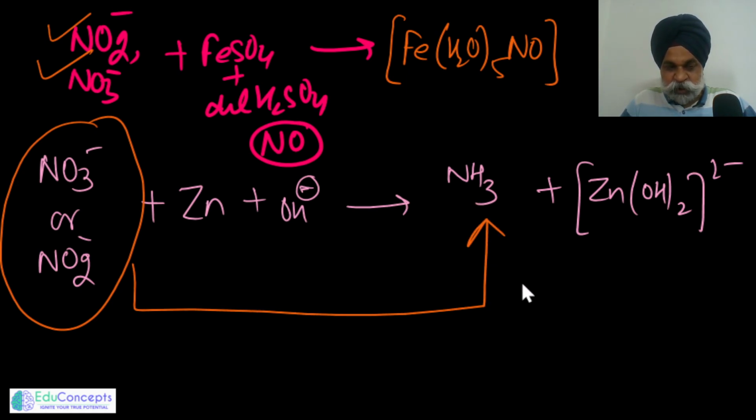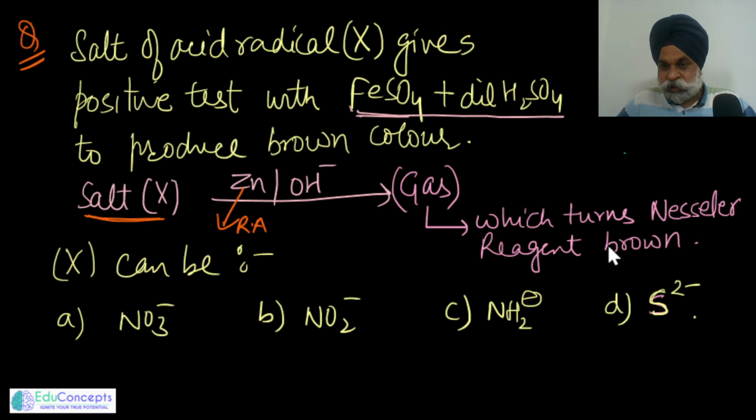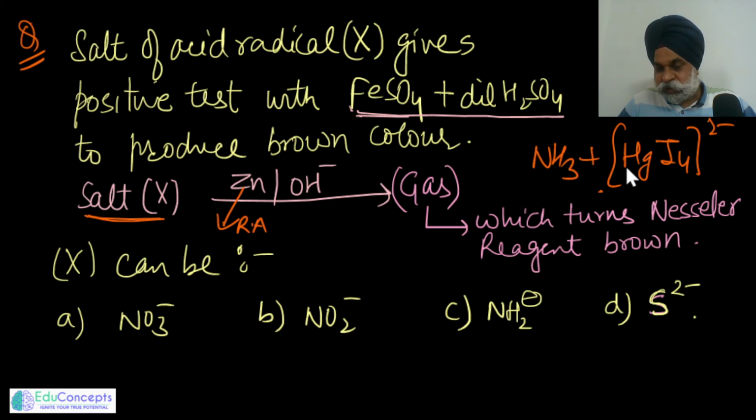That is very, very important. So the information they gave here is about the Nessler reagent. Nessler reagent is HgI4 2 negative. Ammonia can be detected with the help of Nessler reagent. It turns the Nessler reagent brown. So that is very, very important, which you have to mark here.